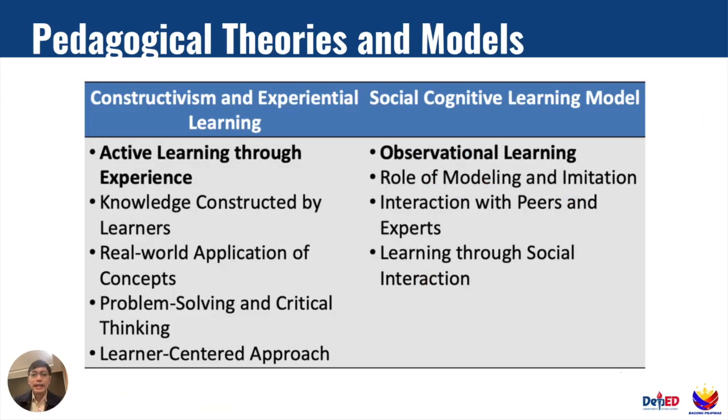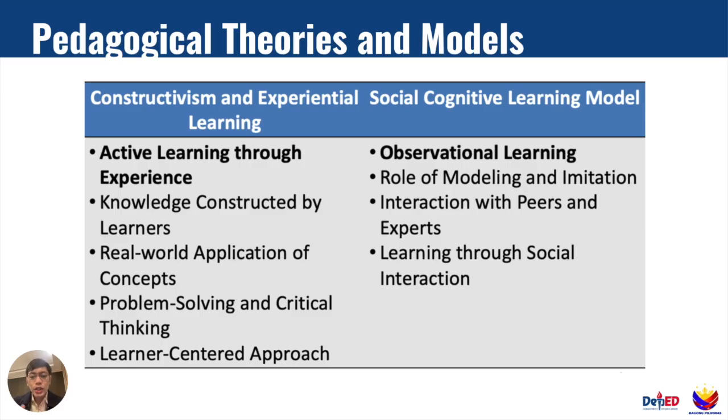So this slide now presents two important foundations in science teaching, which are the constructivism and experiential learning, as well as the social cognitive learning model. The constructivism and experiential learning emphasize that learners actively build understanding through experience, inquiry, and real life application, such as, let's say, investigating phenomena, testing ideas, and solving problems.